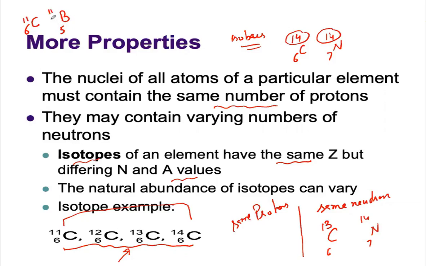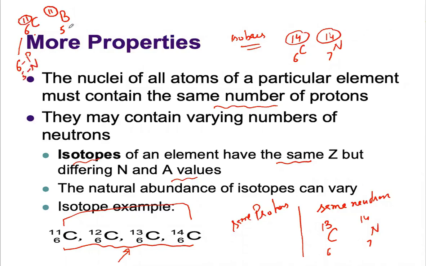Mirror nuclei are those nuclei having the same mass number but with proton and neutron numbers interchanged. In this case, carbon proton number is 6 and neutron number is 11 minus 6, that is 5.